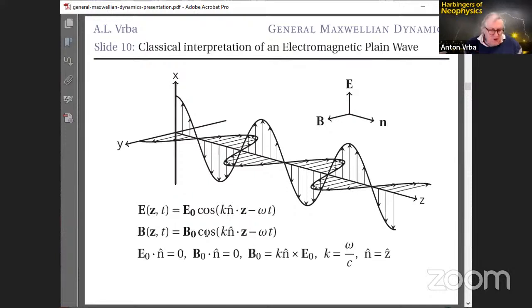That was a choice of our early researchers. I've shown in my paper that it can also be the other way around. It was just an arbitrary choice, so the E and the B can easily be transposed, and the derivation of the classic interpretation of an electromagnetic plane wave remains.